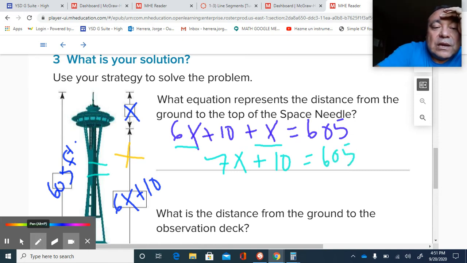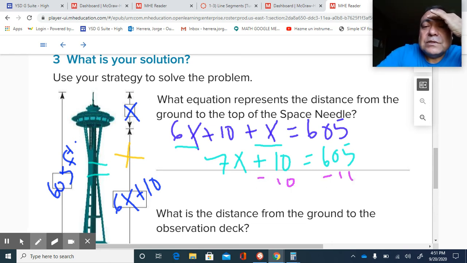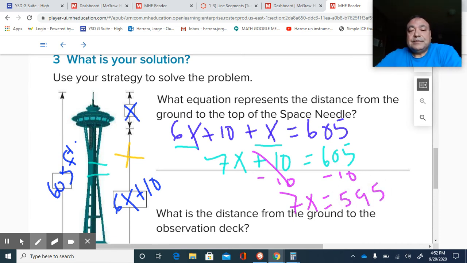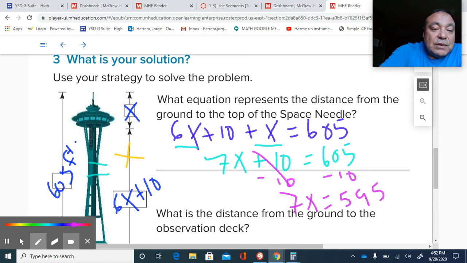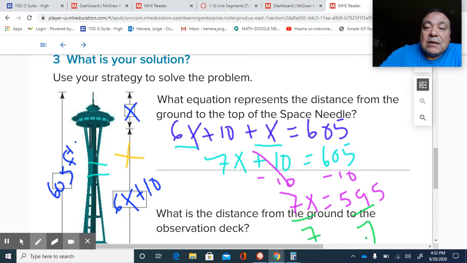Now guys, we need to subtract 10 from both sides. That, of course, goes to 0, so I end up with 7x equals 595. Is that right? Okay. And we're going to divide both sides by 7, guys. So if we divide both sides by 7, x is going to equal, let's see.